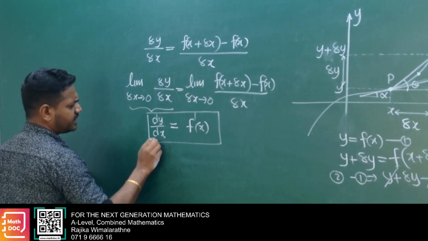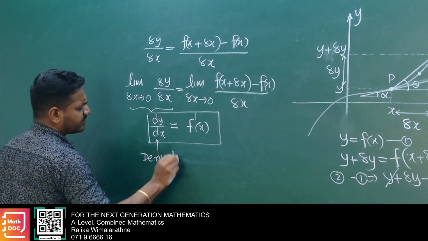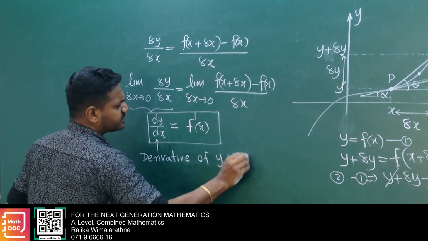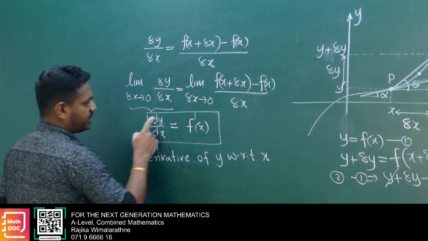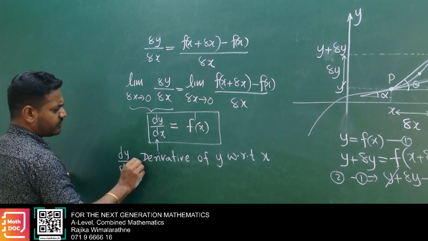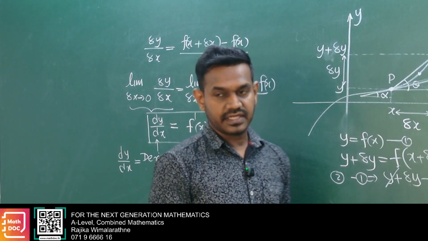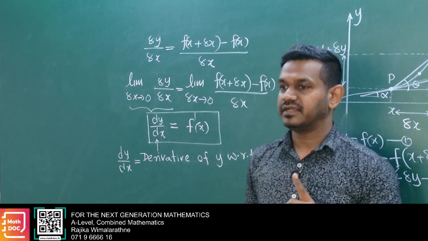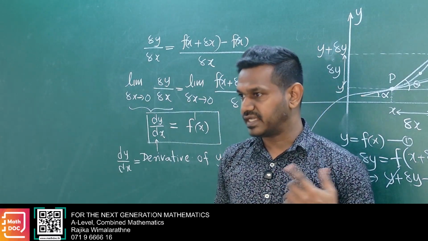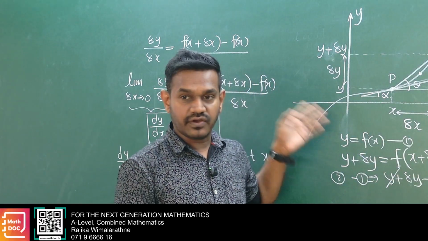Here we say derivative. Dy over dx means the derivative of y with respect to x, and that represents the gradient of the tangent drawn at P. That is what we call the derivative, and this process we call differentiation.